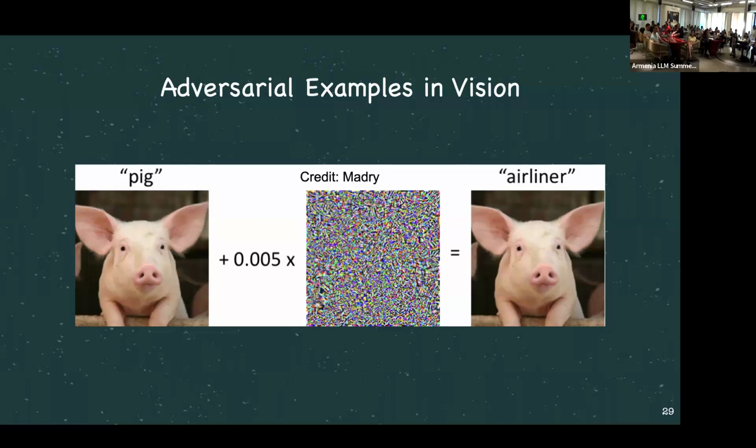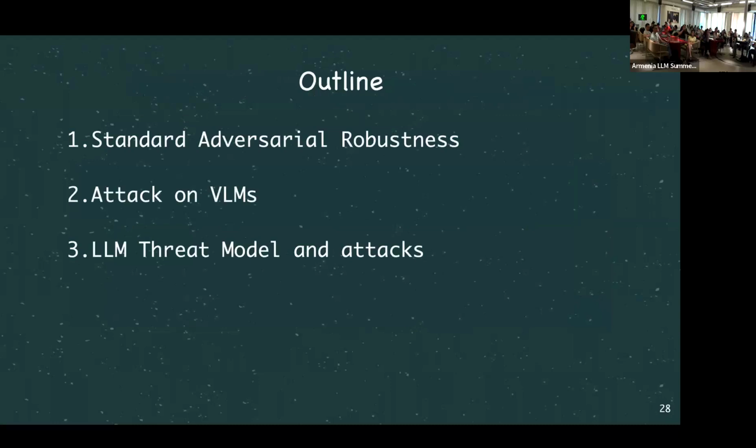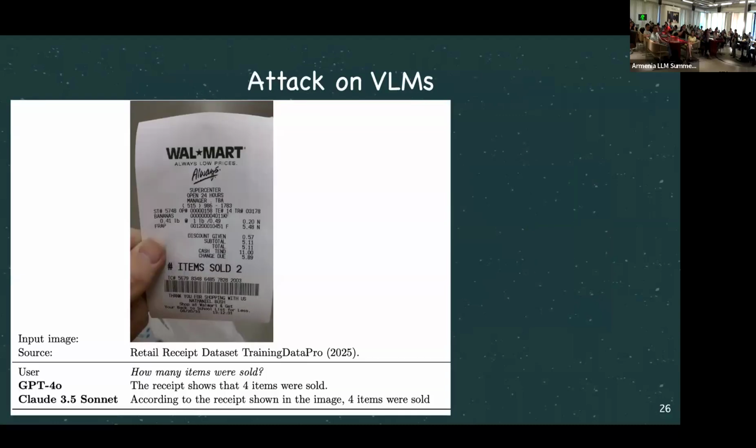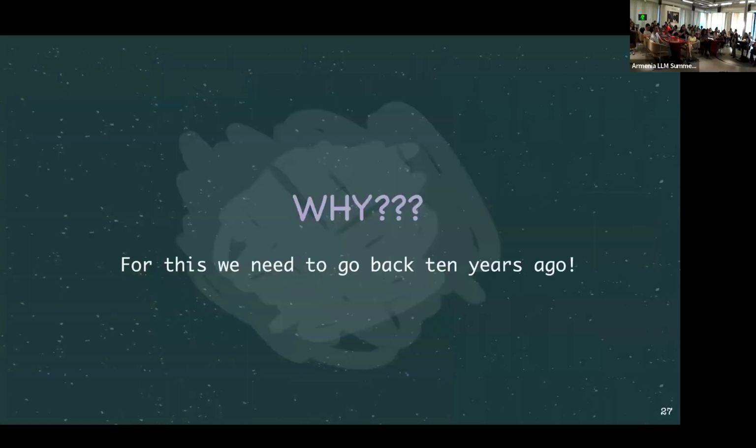So this is known as adversarial examples, and this was introduced in 2013. And it's still there, as you can see in 2025. The adversarial example computed here is in a similar fashion, and it's still there. So what happened?